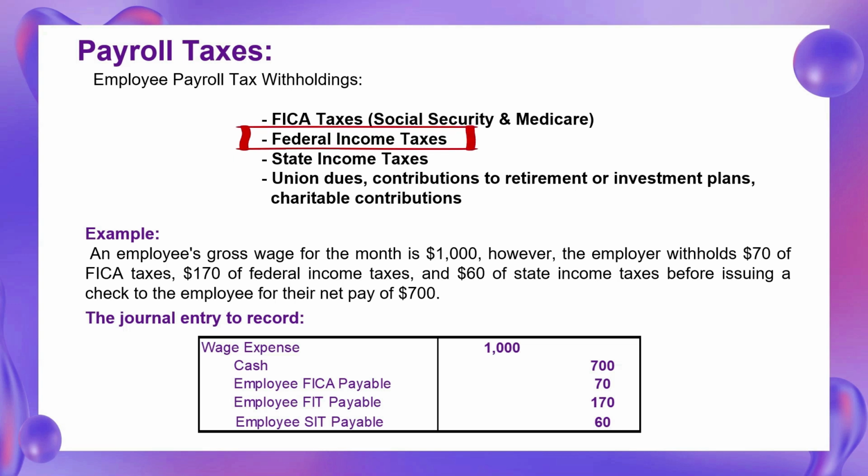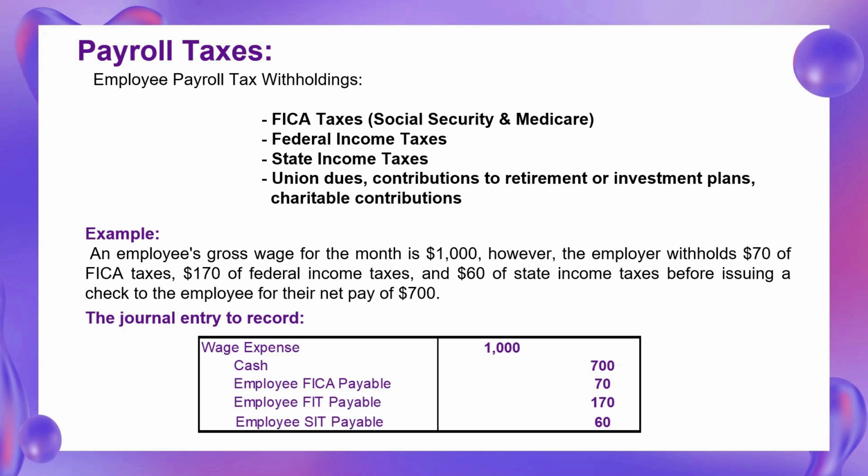Most states also require that an individual, in this case an employee, pay some state income taxes. Now, there are some states that do not have any state income taxes, and so this wouldn't be a problem in those particular states. But many, if not most of the states do have some state income tax that is to be paid as a result of salaries or wages earned by employees.